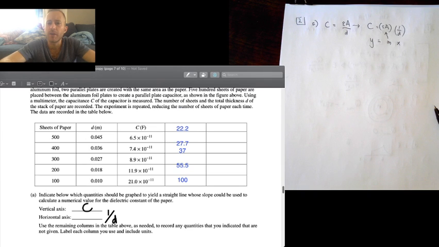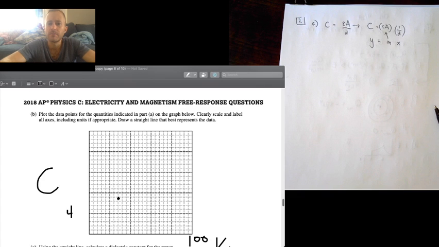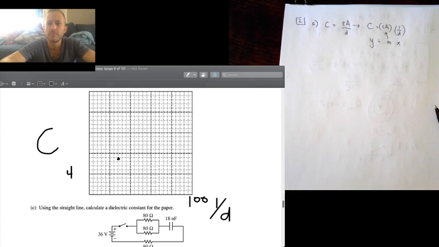We got about 28 and 7.4. Oh, I screwed that up, didn't I? Because this is 20. This would be 40, so this would be 24. So it's going to be like this.